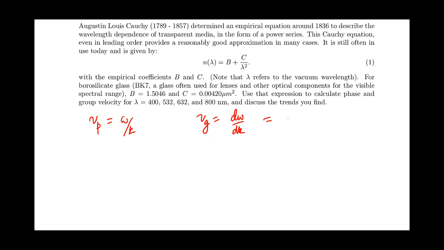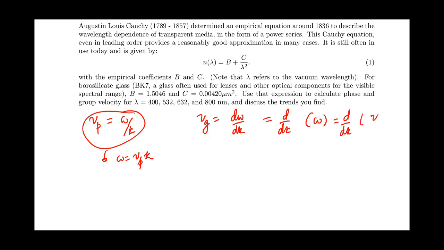I can write the group velocity as d by dk of omega, but omega itself is equal to phase velocity times k. So I can write this as d by dk of k times the phase velocity.